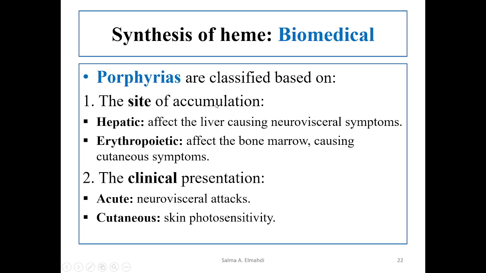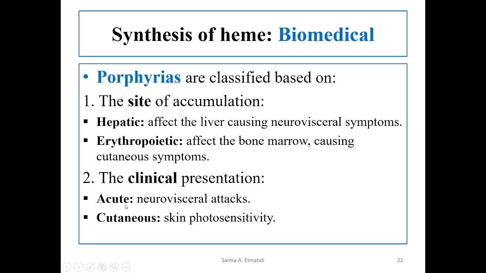Porphyrias are classified depending on the site of accumulation. If it is hepatic porphyrias, the liver is affected, causing neurovisceral symptoms, so they will present with abdominal pain, for example. In erythropoietic porphyrias, accumulation of metabolites occurs in the bone marrow, causing cutaneous symptoms.